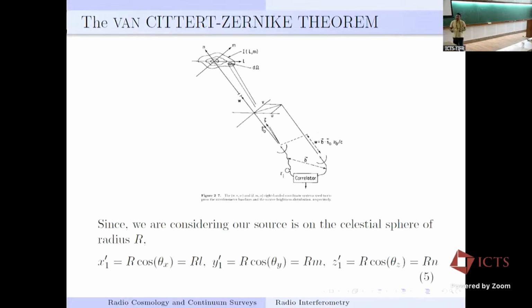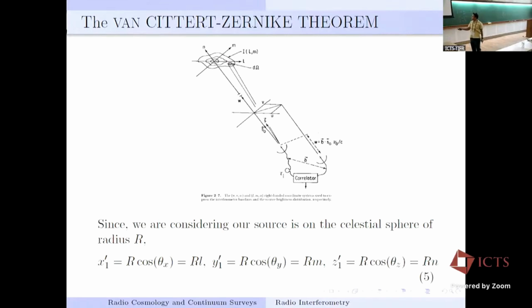So x1 prime, that is some x1 over here, which will basically be r into cos of theta x. Let's say this is my angle, and I have some deflection over here, and this makes an angle theta over here. So that deflection, S is equal to R theta, correct? And if theta is small, cos theta is equal to theta, correct?